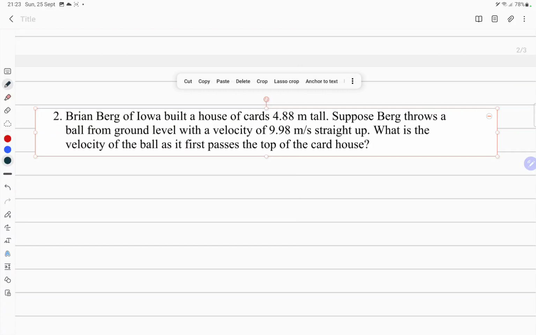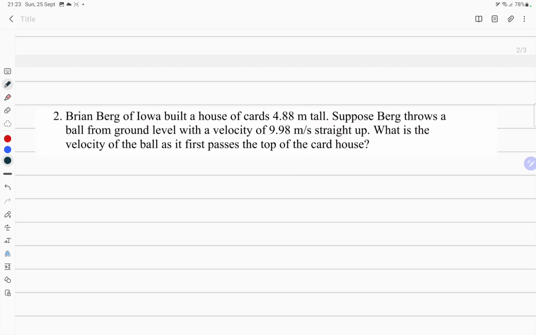Okay, here we go. Brian Berg in Iowa built a house of cards 4.88 meters tall. Fine. The height, okay, 4.88 meters.